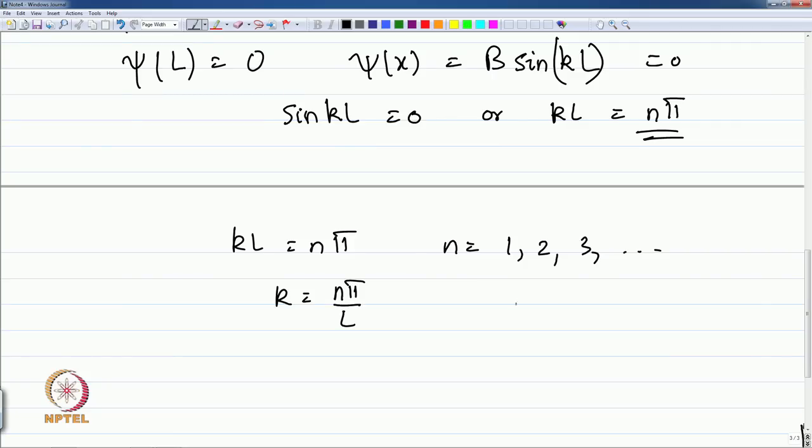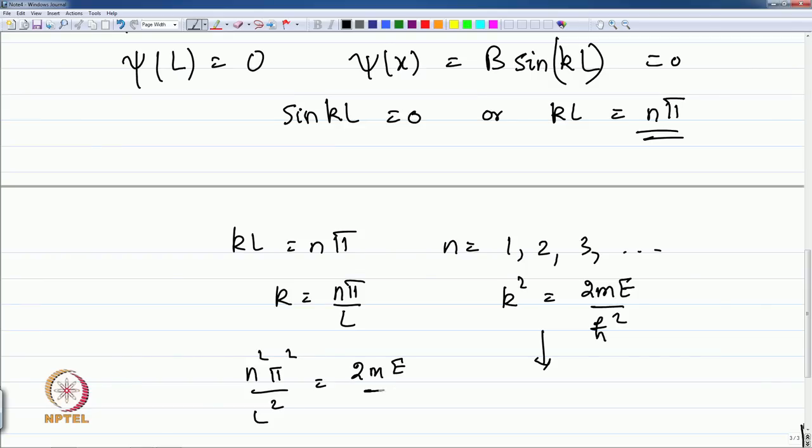Look at this, k² if you recall is 2mE by ħ². Therefore, this gives you immediately that n²π² by L² is equal to 2mE by h² times the 4π² that we have.